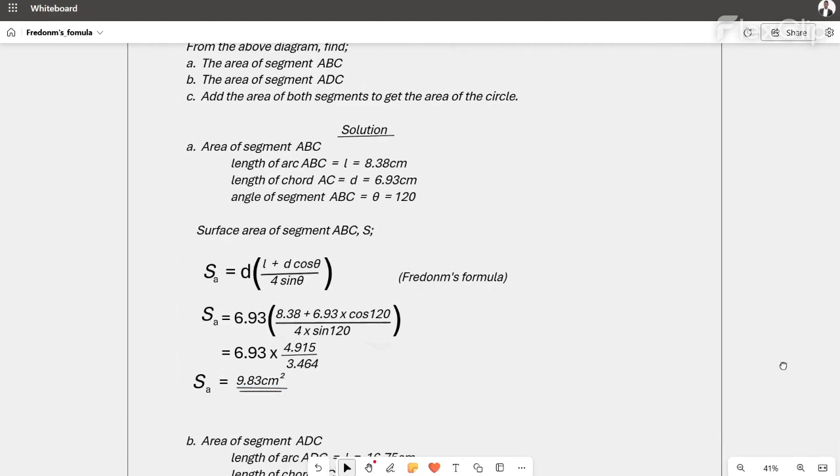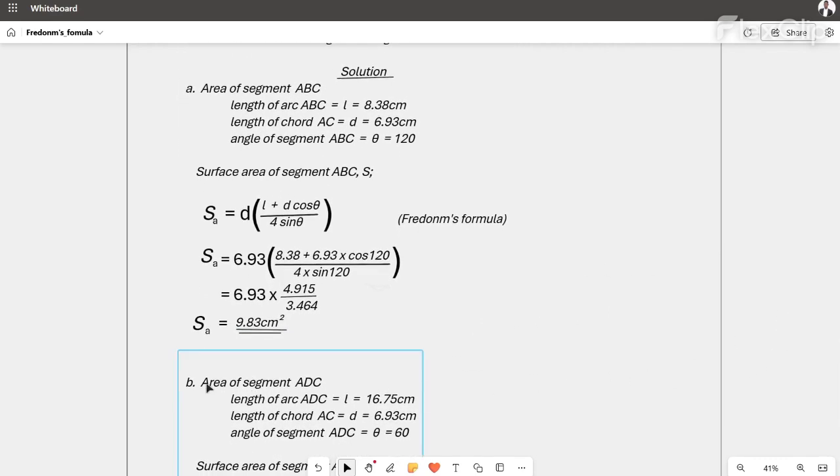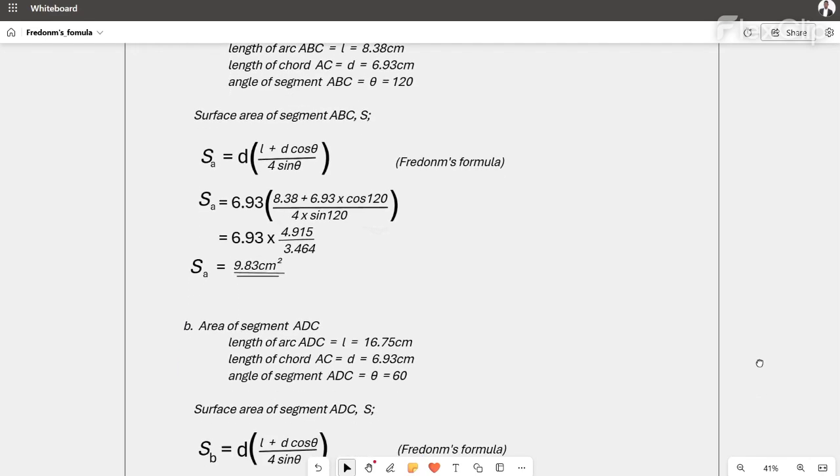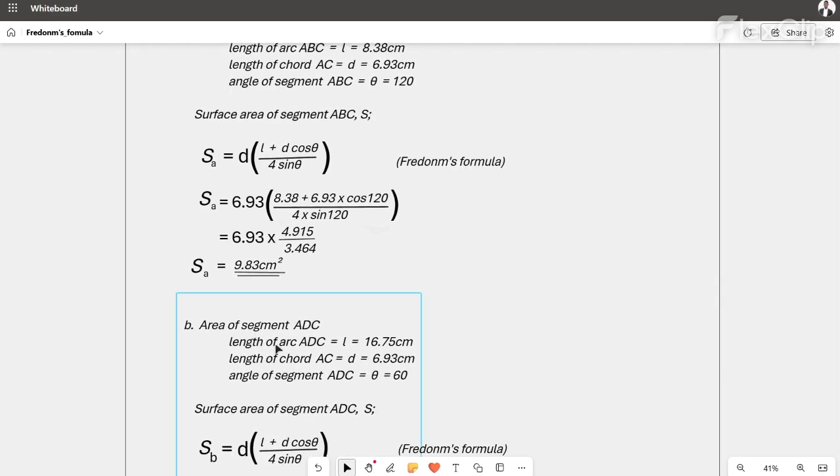Now, let's solve question B. From that question B, area of segment ADC. Now, let's list those values before we use the formula. So, length of arc ADC, let's call it L, is equal to 16.75 centimeter.